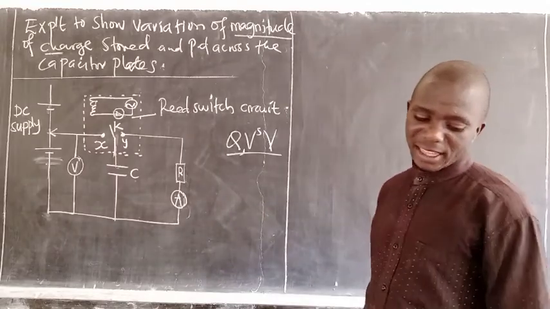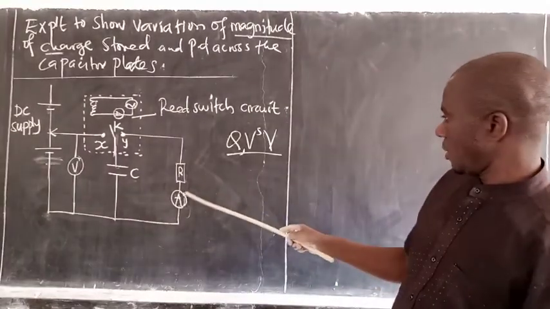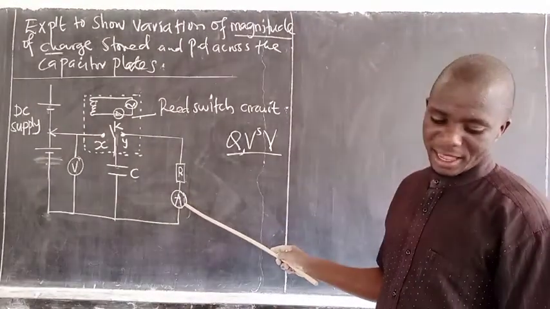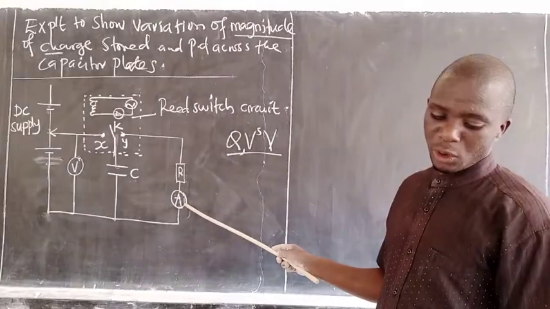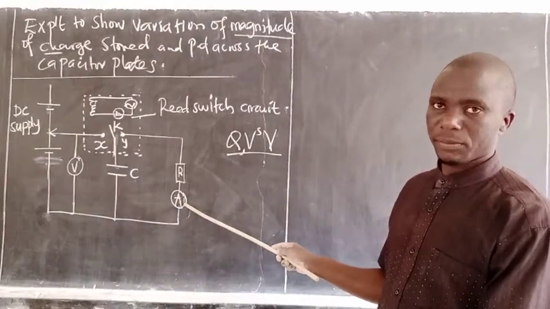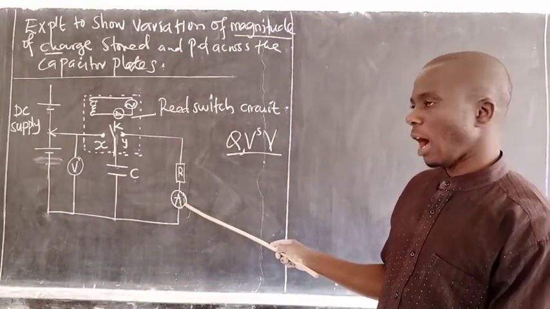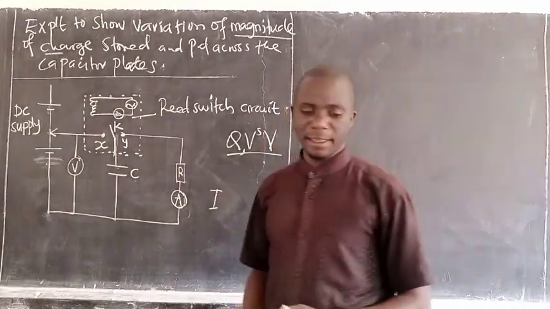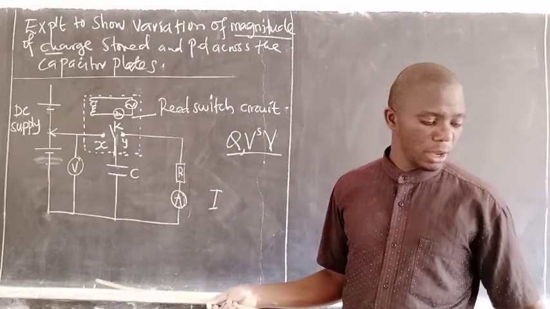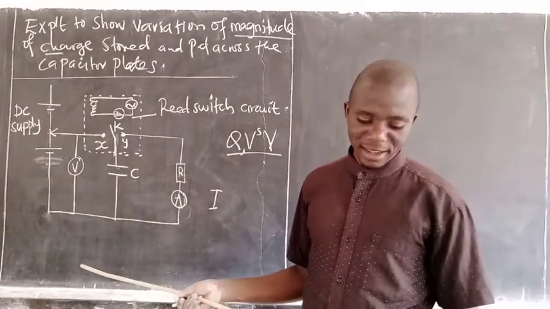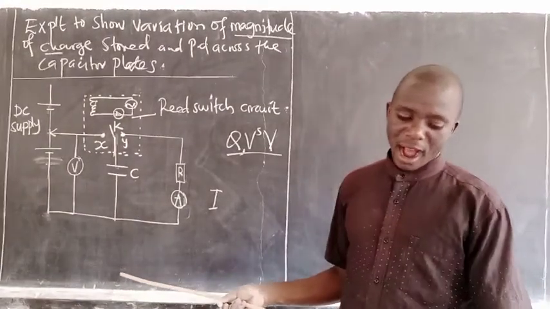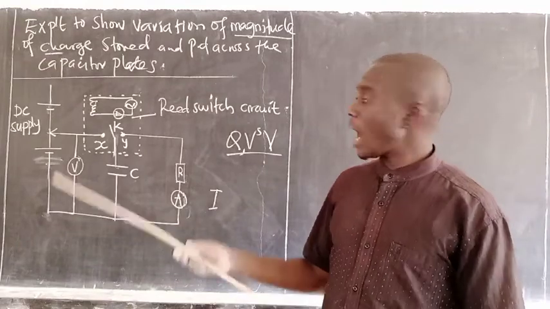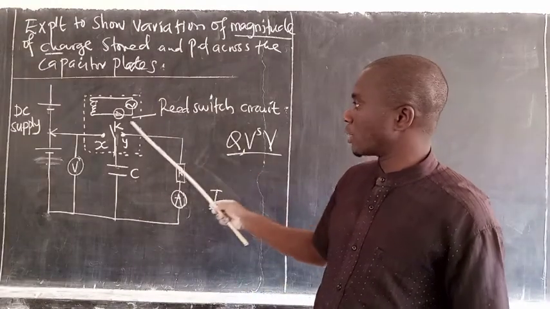The sensitive current ammeter A is observed to show a constant current. We shall be calling that current I. That meter is showing a constant current, and that's the current I. And F is constant. Okay?